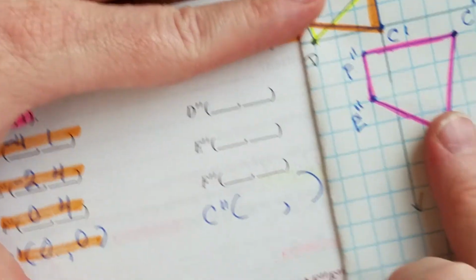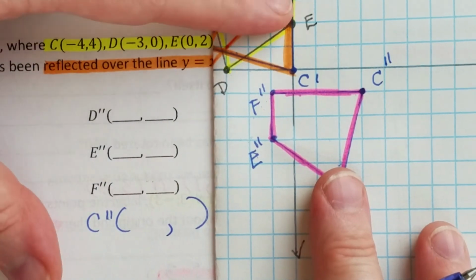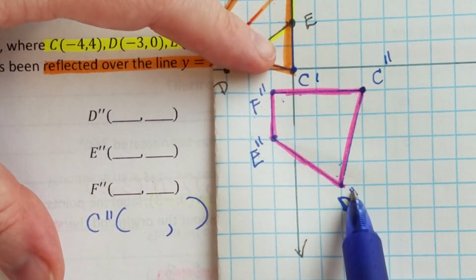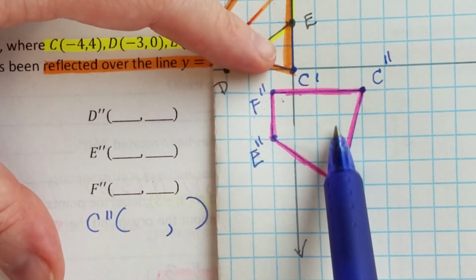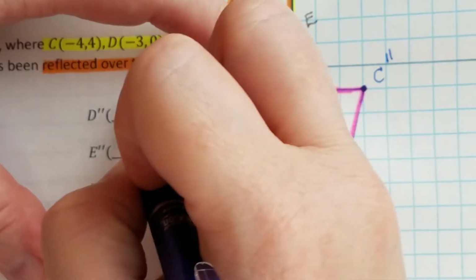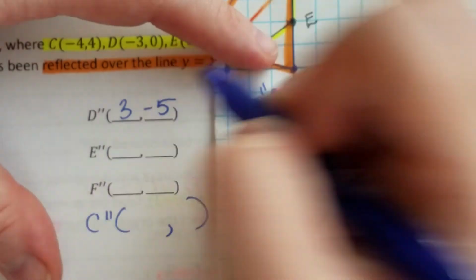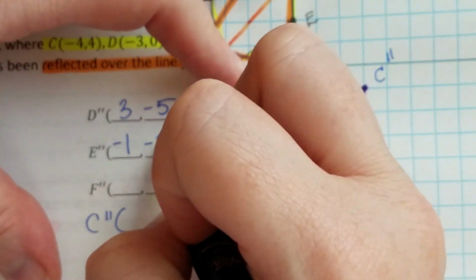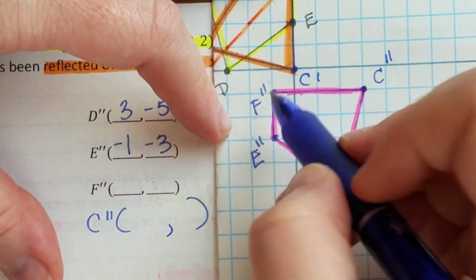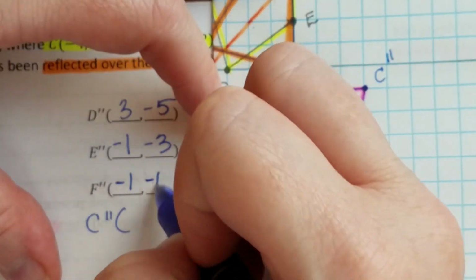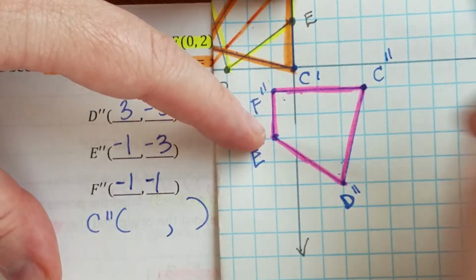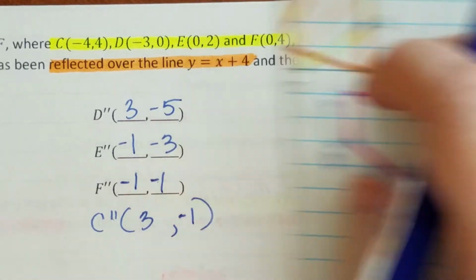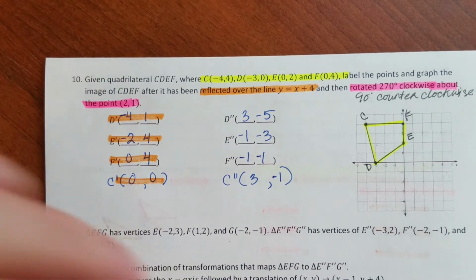The final coordinates for D double prime are 3, -5. E double prime is -1, -3. F double prime is -1, -1. And C double prime is 3, -1. All right, and let's color code those.